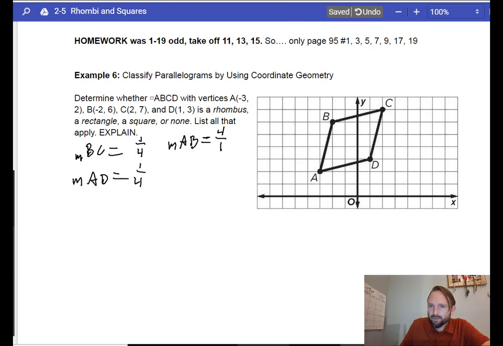And 1, 2, 3, 4 over 1, so the slope of DC is equal to 4 over 1. So it's a parallelogram, but it's not a rectangle, and it's not a square, because it doesn't have right angles.